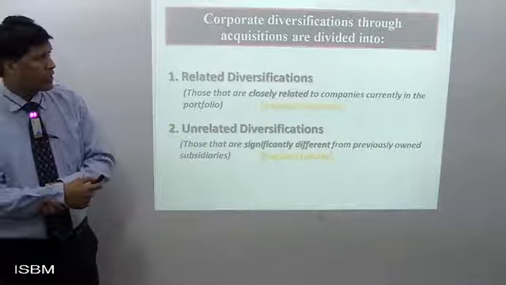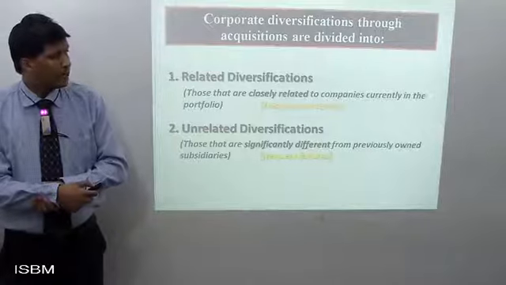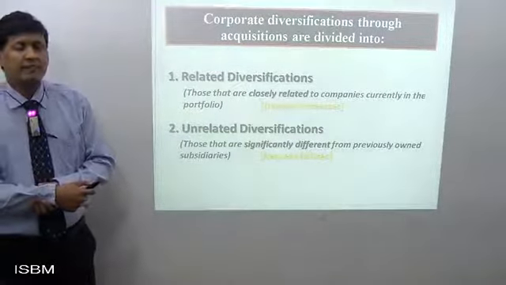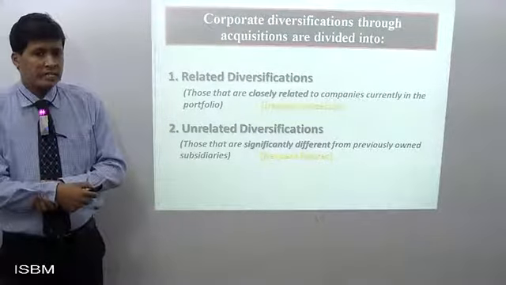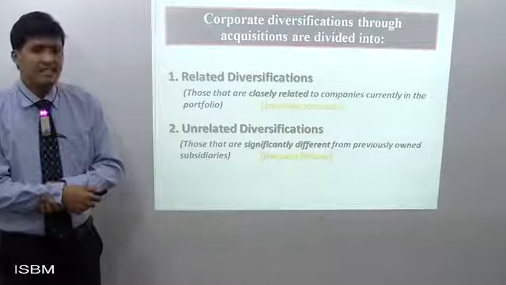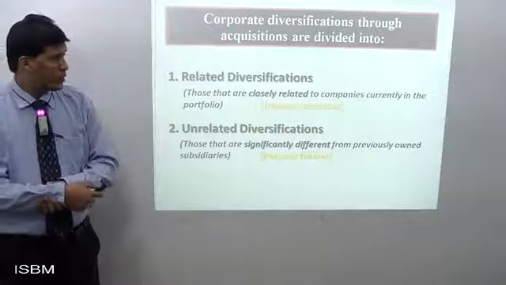Now if you see, corporate diversification through acquisitions is divided into related diversification, that means those that are closely related to companies currently in the portfolio, or unrelated diversification. So it could be one directly related.